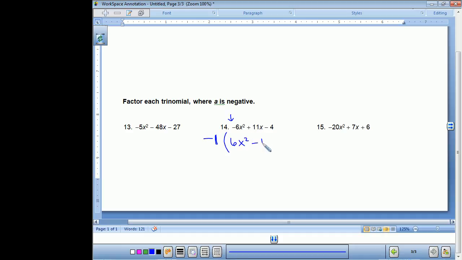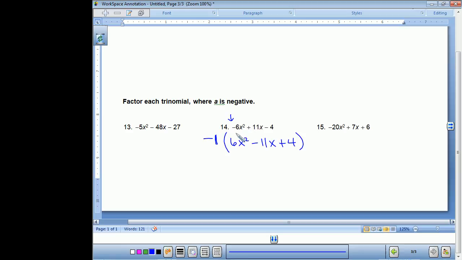Yes, ma'am? I thought we were supposed to multiply like -6 with -4 and then it makes it positive, right? And then we do. That is usually step one, unless this is negative, and we hadn't done one like that yet. Okay?